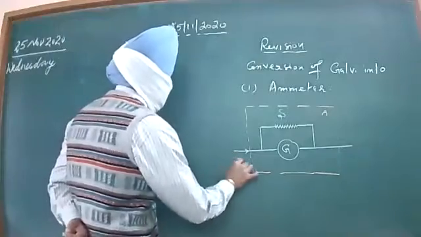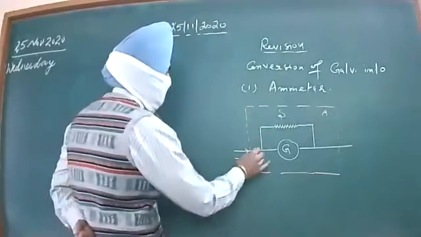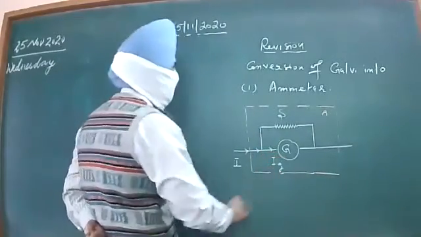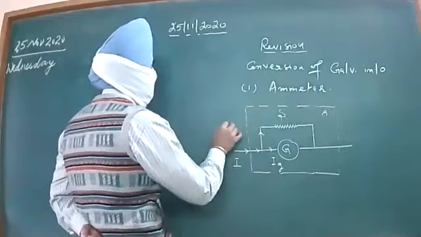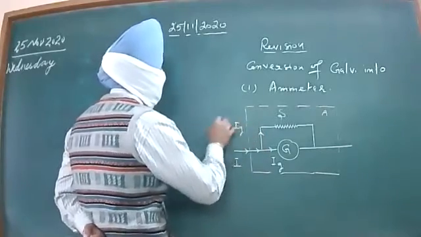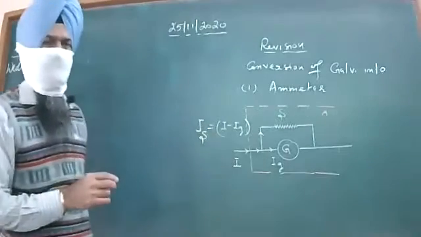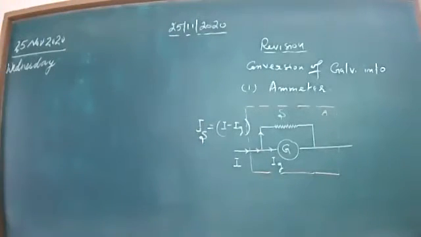Suppose that you supply a current I to this whole setup of the ammeter, and out of this current, Ig current is flowing through the galvanometer, and the remaining current, that is I minus Ig, is the current through your shunt resistance.